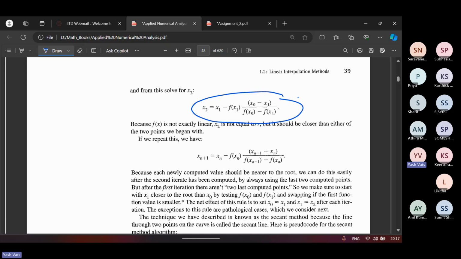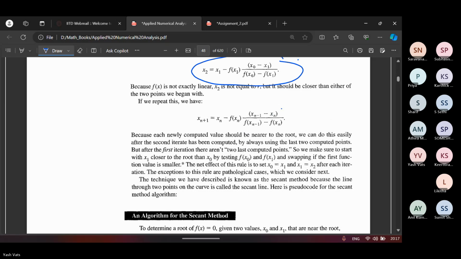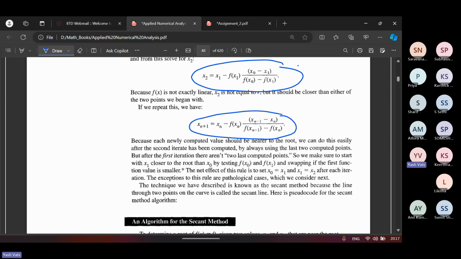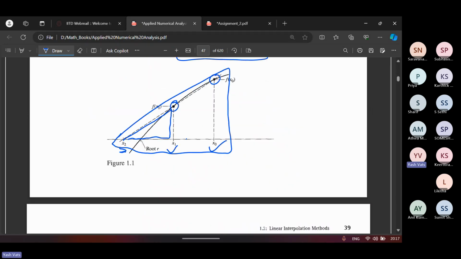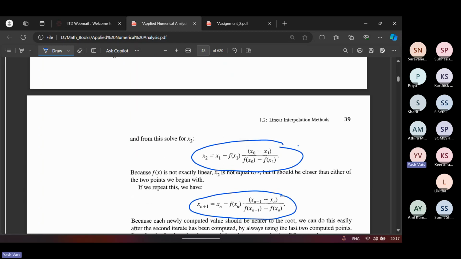The graphical representation is that you start with 2 points, pass a line through them, and where it cuts the x-axis, you take that point. So x2 is given this way.